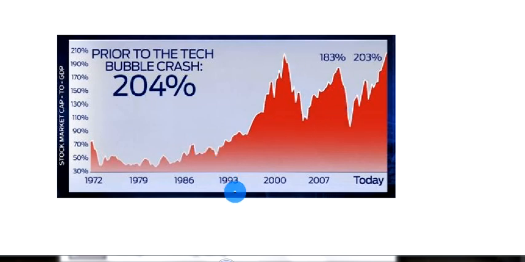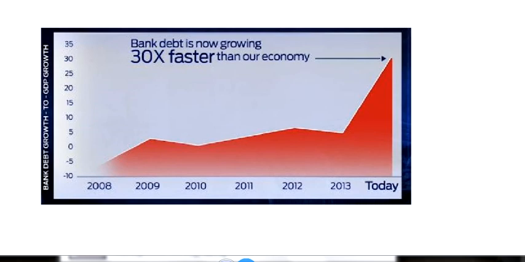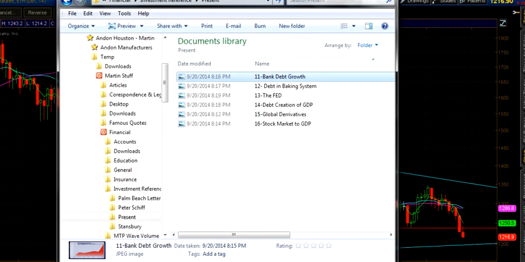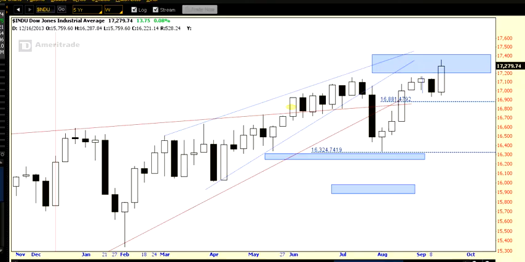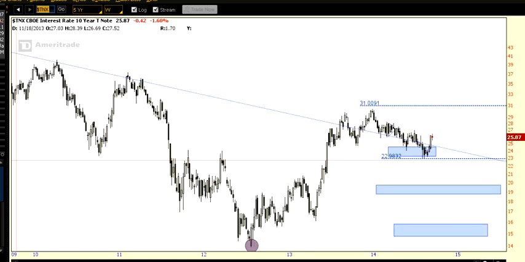Okay. Let's see if I got another chart on here. Nope, that's it for the charts. So let's close by looking again at the 10-year Treasury. That market is the one that I think you should be taking action on now if you haven't already.